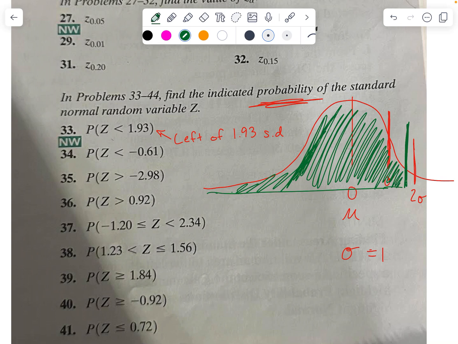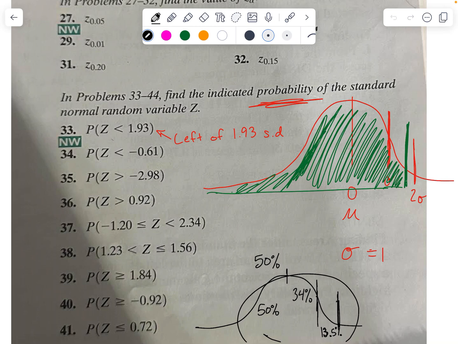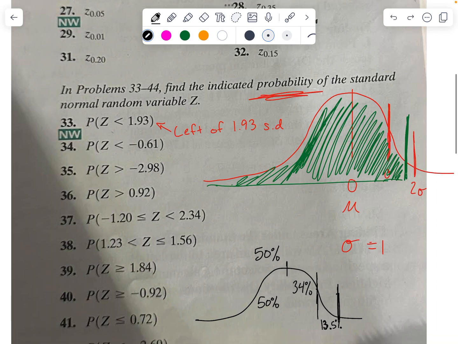Well, if I remember the empirical rule, I know that there's 50% on the left, 50% on the right. If I'm going to 1 sigma, it's 34%. And then to 2 sigma, it's another 13.5%. So if I add these up, I'm going to get 97.5%. So this value should be a little bit less than 97.5%.